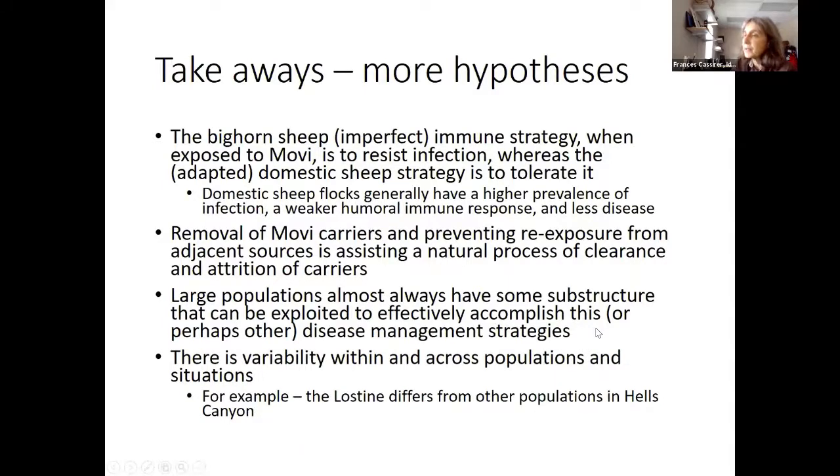And there is variability across populations and situations. So this is Hell's Canyon. Other people have seen similar things in some places and different things in others. For example, even within Hell's Canyon, the Lostine differs from the other populations.